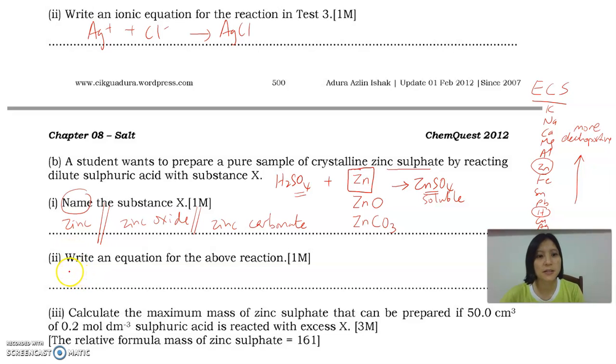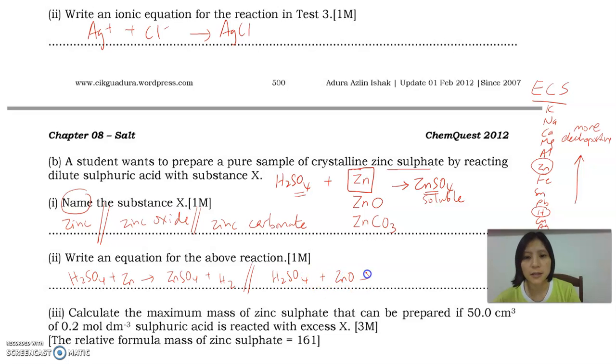So if you have written zinc, then you can say H2SO4 plus zinc gives zinc sulfate and H2. If you have written zinc oxide, then you have to write H2SO4 plus zinc oxide. So you change partner, you get zinc sulfate and water.